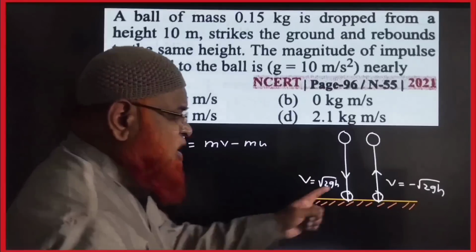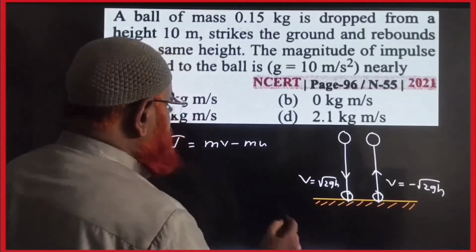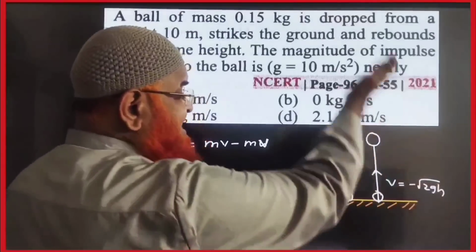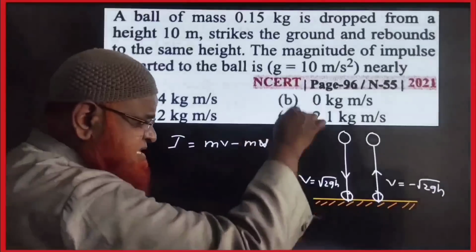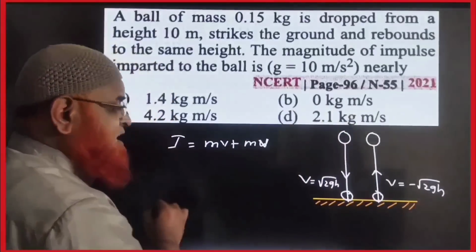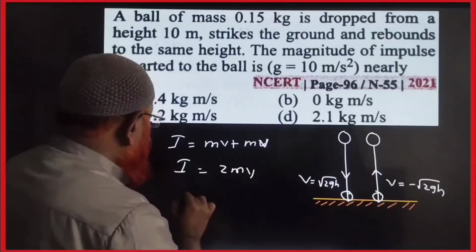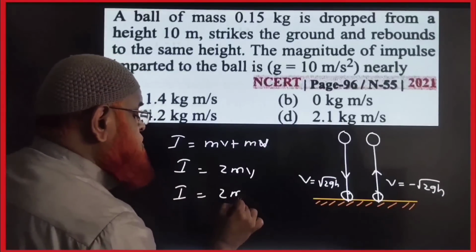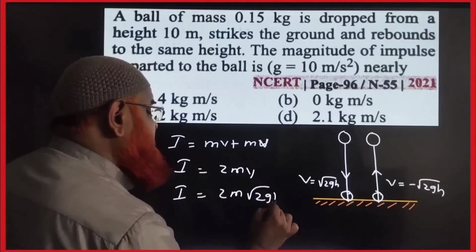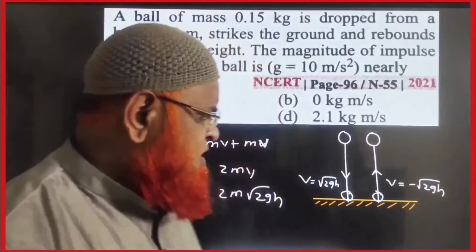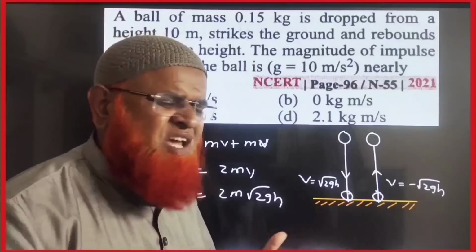But as the velocities are the same here, you will take mv only, but the velocity direction has changed. One is coming downwards, one is moving upwards, so you will take plus here, and that means impulse is equal to 2mv, that is 2m into root 2gh. This is the easiest way of solving the problem without even vectors and ijk headache.